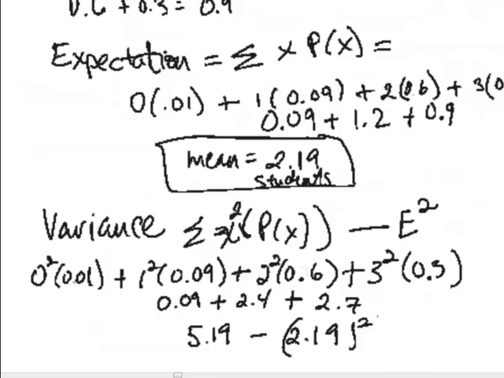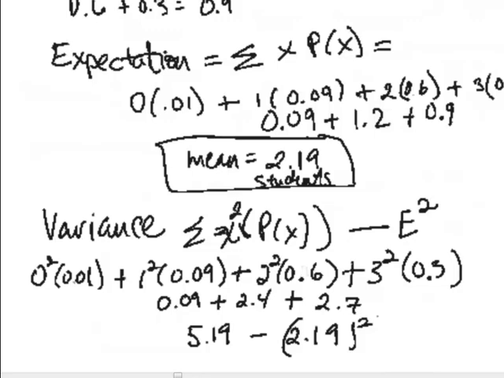Using the trusty iPhone calculator. So we have 5.19 minus parentheses 2.19. We're going to square it.